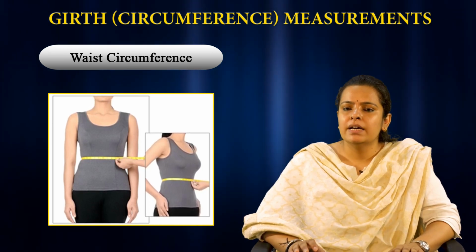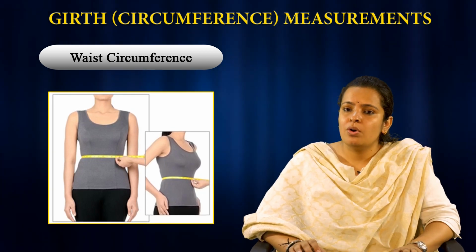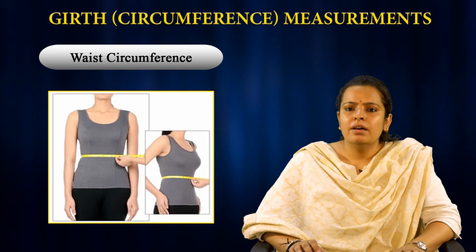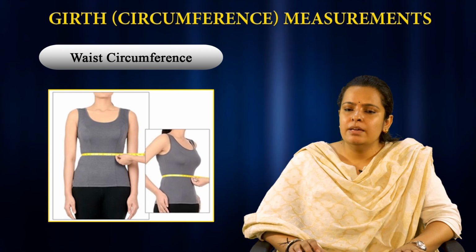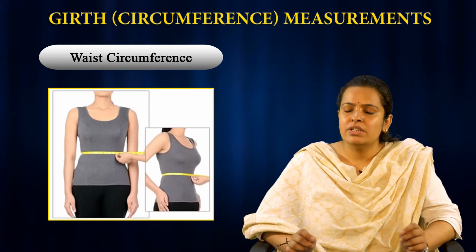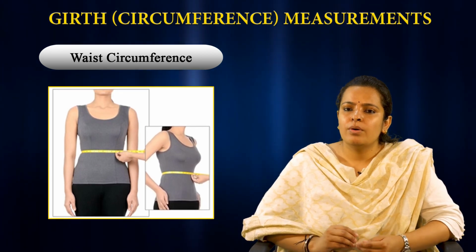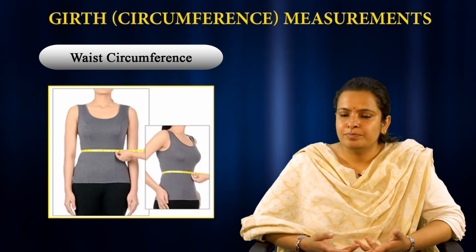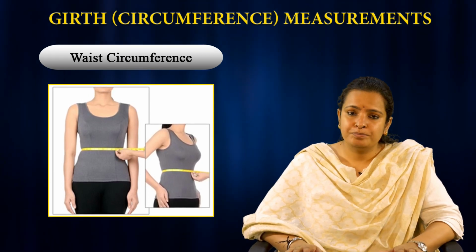For that, you should follow all the guidelines we have discussed earlier. Then we keep one end in the front of the waist, put it like a round circle, and write the number we get as the waist circumference measurement.